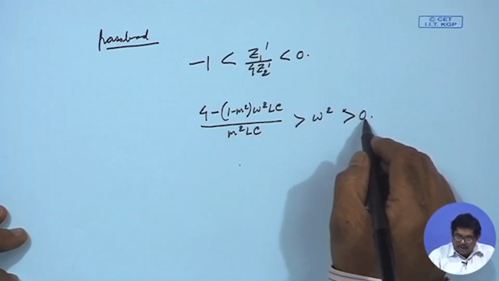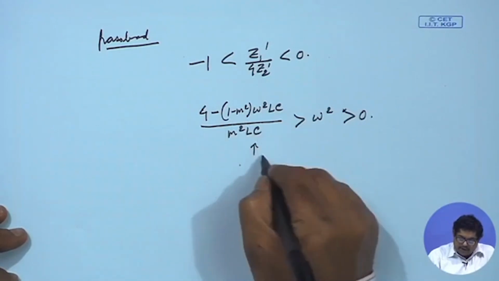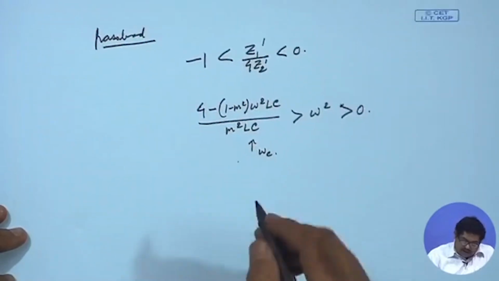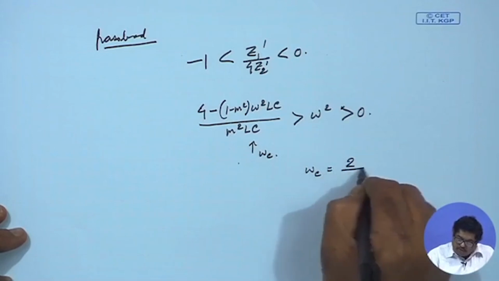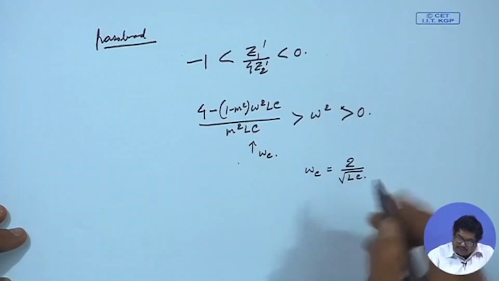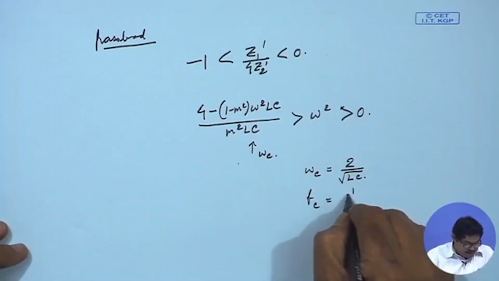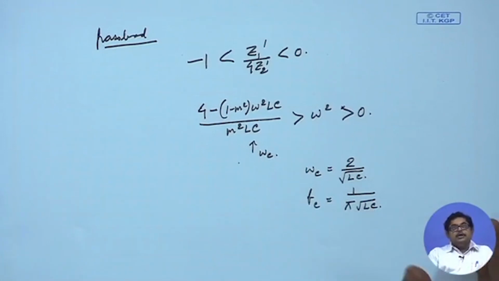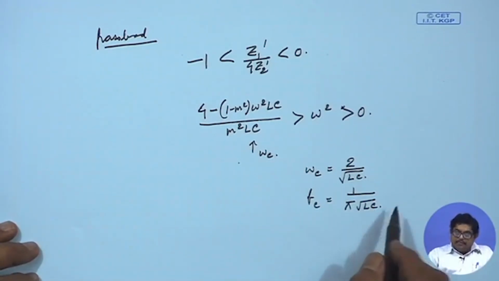So, as we do that, the pass band is extending from omega equal to 0 to omega equal to this value, which we can call omega c, and then we can solve for that. That will turn out to be omega c is 2 by root over L C, or the cutoff frequency f c is 1 by pi root over L C. So, you see that for the m-derived section also the cutoff frequency is the same.